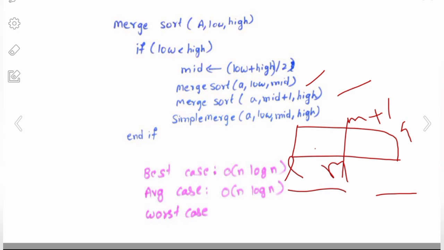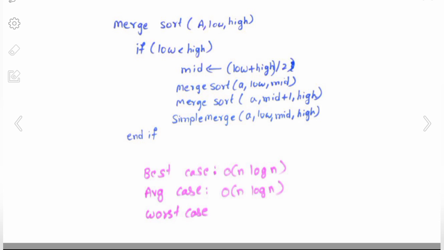In this manner we recursively divide and conquer the sub arrays until we get the sorted list of elements. And finally we combine all the sorted elements to form the elements in ascending order. So this is about the merge sorting technique, which is a simple sorting technique, and the best case is big O of n log n, and average case and worst case is big O of n log n.